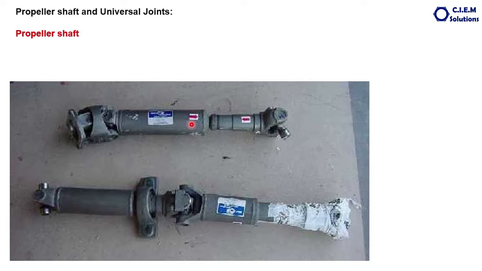Point number 2, a rigid or solid shaft will always have a tendency to sag or bend. If the shaft sags or bends, the vibrations generated will be more, and the consequential failures also will be more, not only on the propeller shaft but the connected parts. So to avoid such vibrations, also tubular section is required.